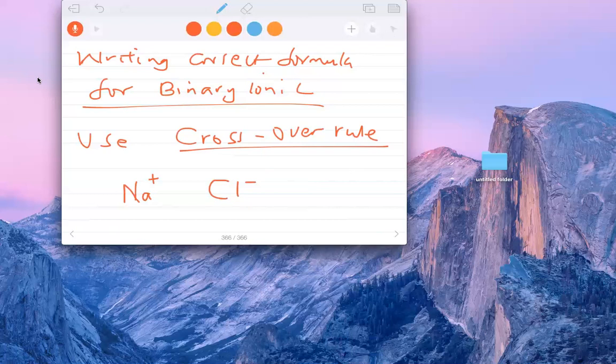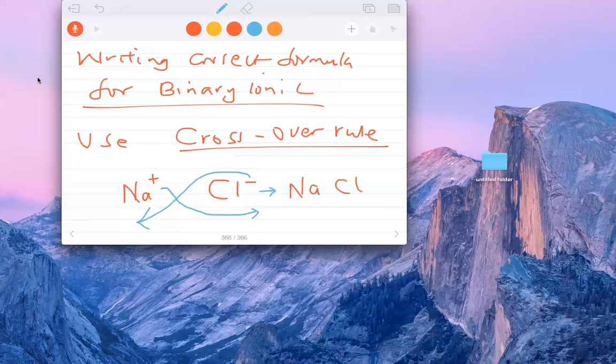This is -1, so it's going to be the subscript for sodium, and sodium has +1, so it's going to be the subscript for chlorine, and the formula here is NaCl.